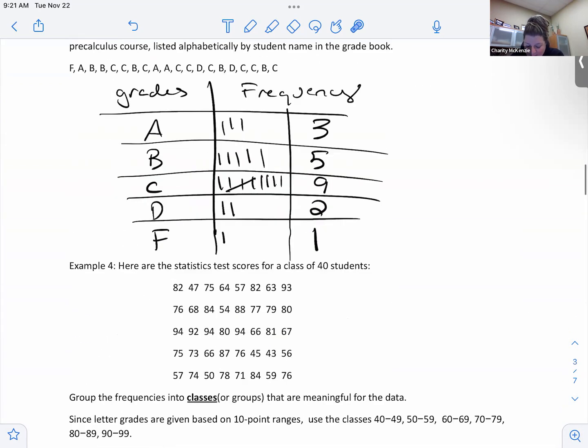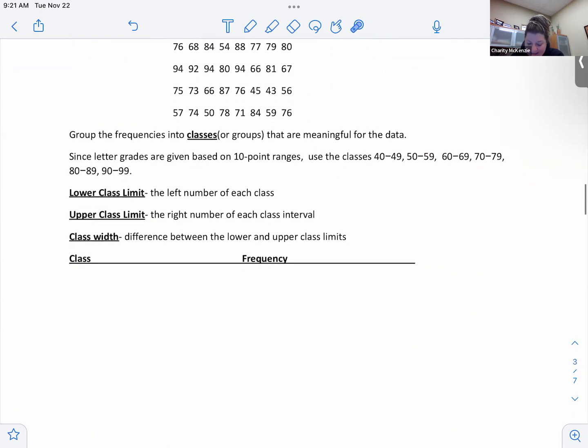So if we're talking the lower class limit, it is the lowest you could be. The upper is the highest you can be, and the width is the difference between each one. So on a 10-point range, you have 10 numbers between each category. The lowest being like your 90, the highest being your 99. 10 numbers: 90, 91, 92, 93, 94, 95, 96, 97, 98, 99.